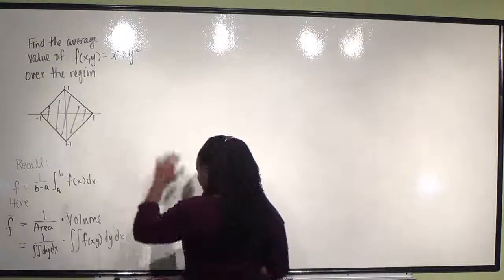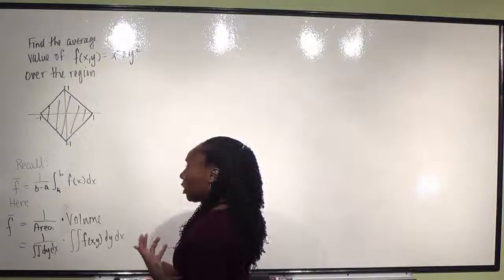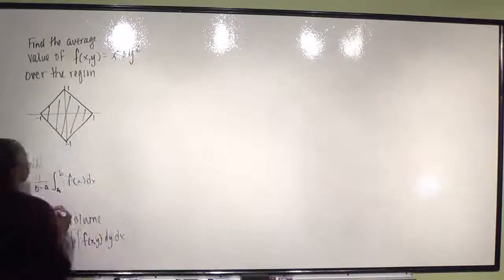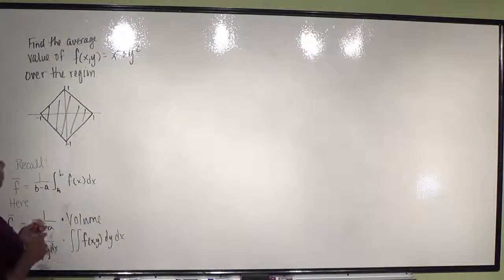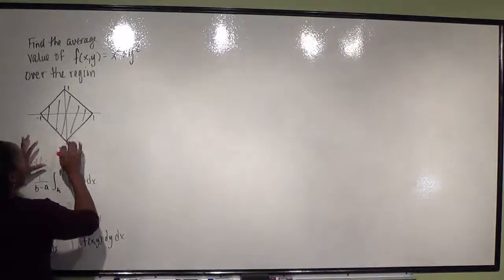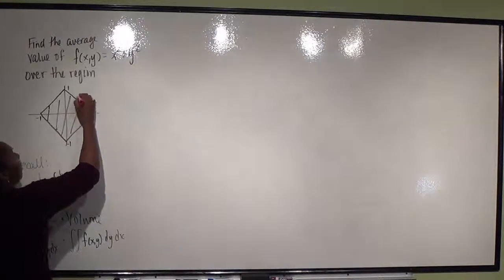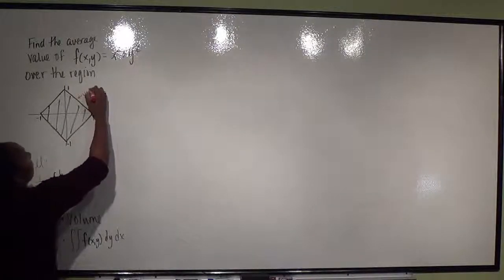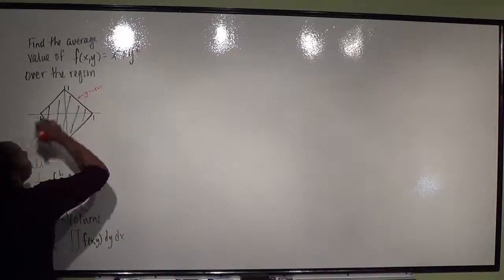And so in this case, again, the first thing I'm going to do is start by getting my equations. If we look at this, we've got basically a diamond, and if you notice, the region is very similar to the one we just did. So if I look at my equations here, this one is y equaling negative x plus 1.